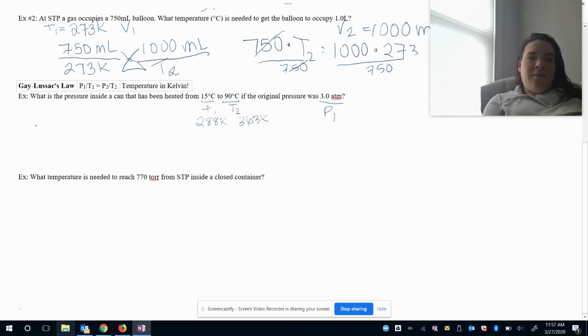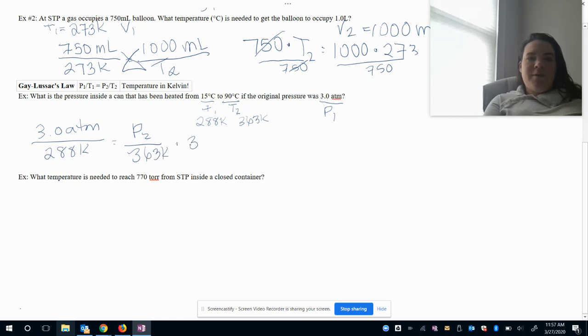So we're going to have 3.0 atmospheres over 288 K equals P2 over 363 K. Just like our first Charles' law example, we're going to multiply by 363 on both sides.